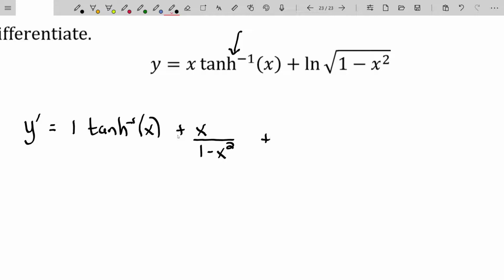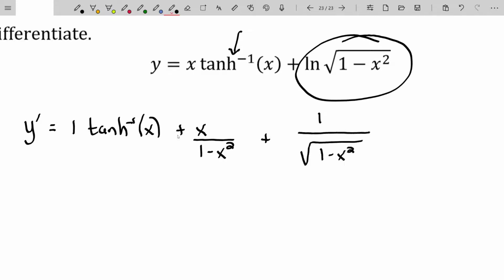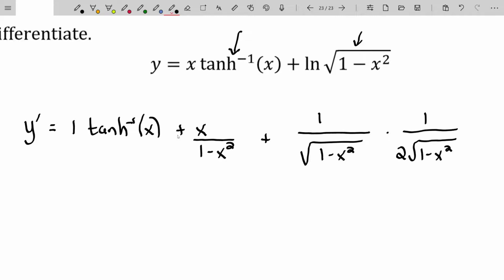And then plus the derivative of a natural log is 1 over its argument. And then we have to multiply it by the derivative of its argument. So the derivative of a square root is 1 over twice that square root. And then by the chain rule, take the derivative of this 1 minus x squared, which would be a negative 2x. Simplifying this out, you can see that it actually does simplify a little bit.